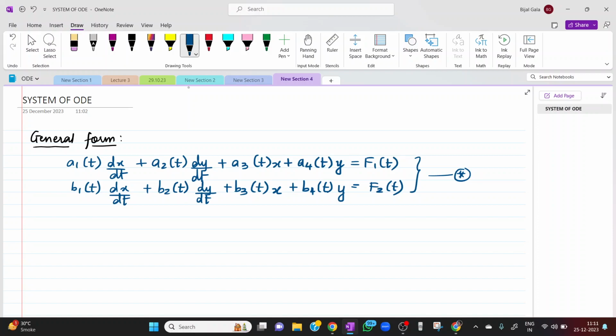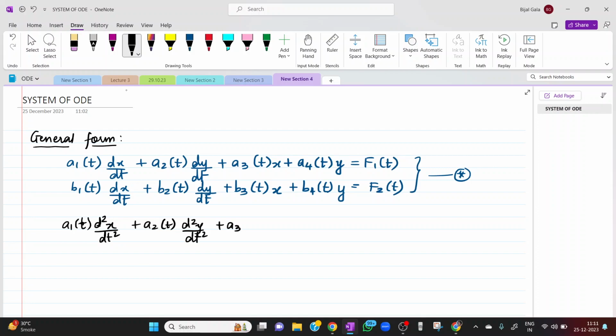Now, if I want to convert it into quadratic, I may have something more complex, like A1(t) d square x by dt square, A2(t) d square y by dt square.